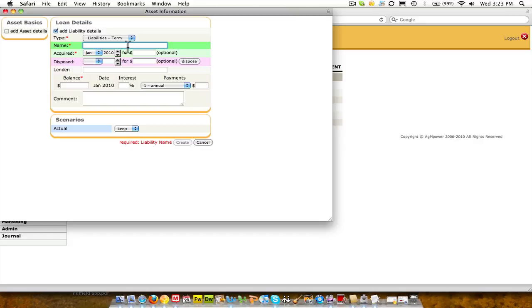So it might be 3 quarters of land, and the lender, the balance, and security, and you can write in notes so that you remember, make notes for yourself.